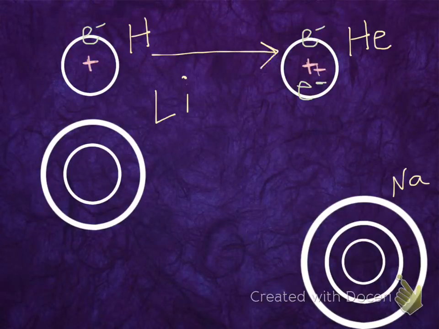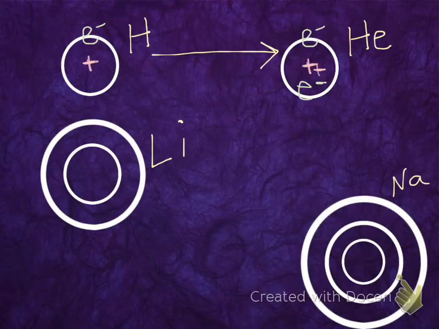So here, we've moved across the entire first period. When we move across that entire first period, we now have two pulling on two. There's more to get a grip on.